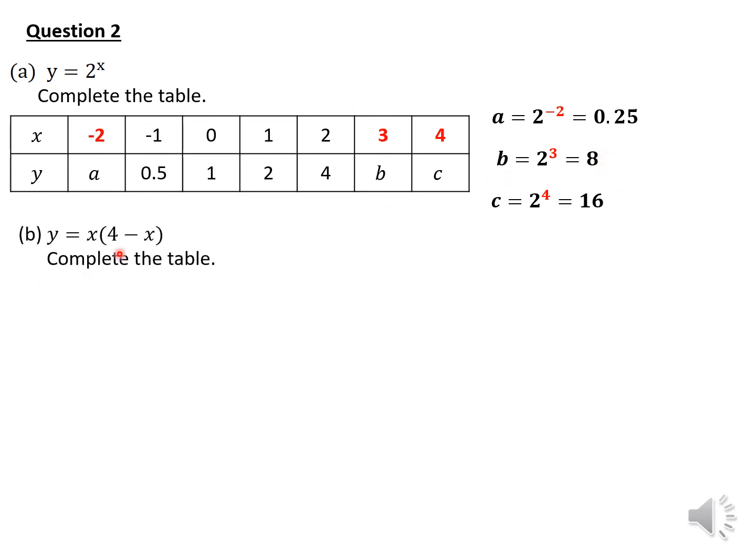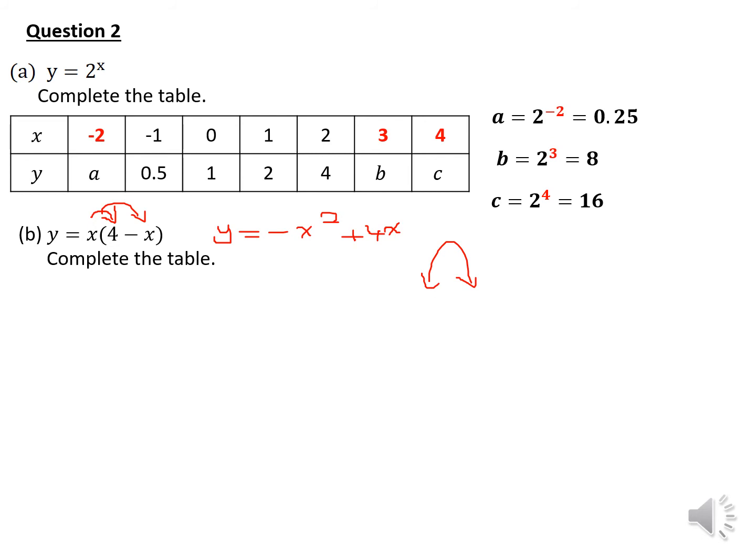So we'll bring in another function here. Because it's not multiplied out, it's still in its factored form. When you multiply out, you will realize that you're going to get negative x squared plus 4x. So what this function tells me is that it's going to be a parabola that goes this way.